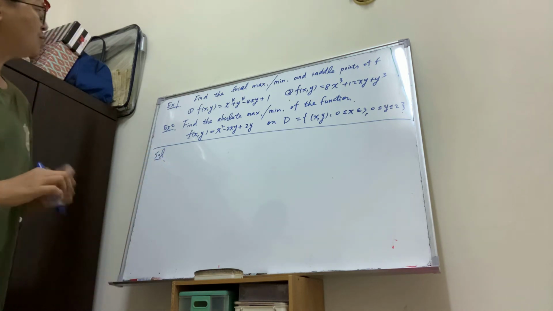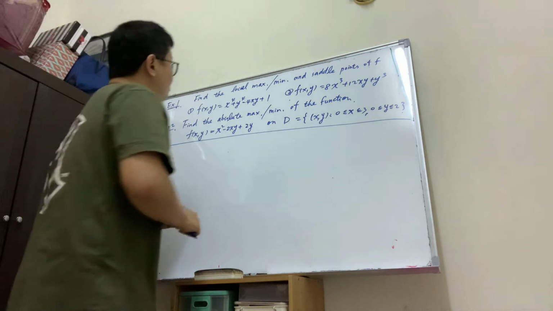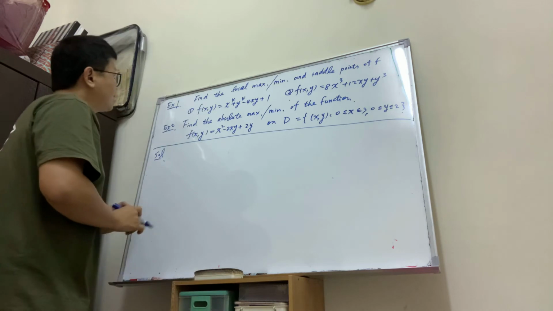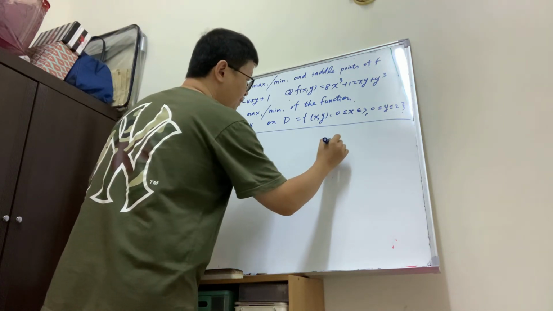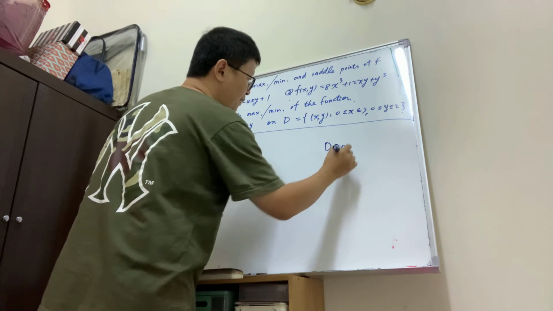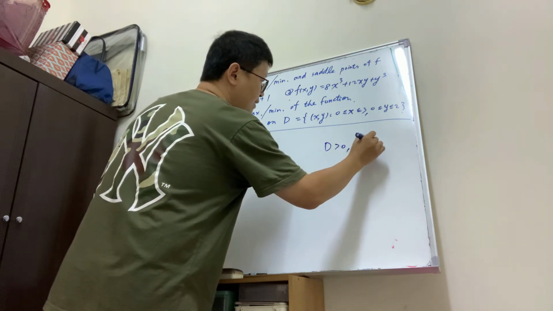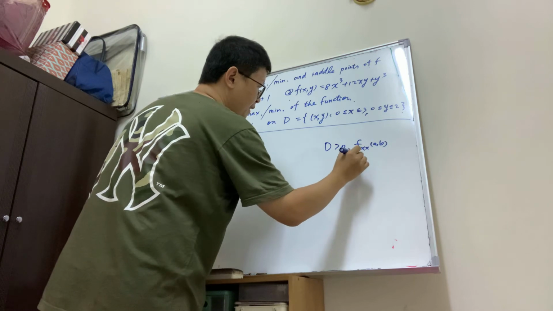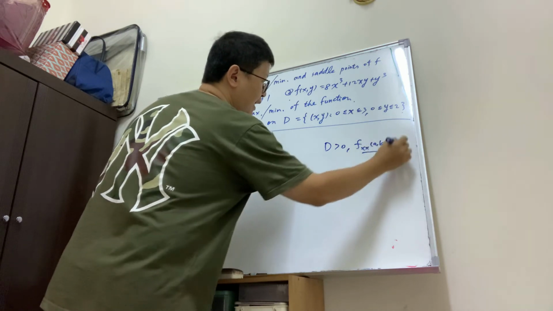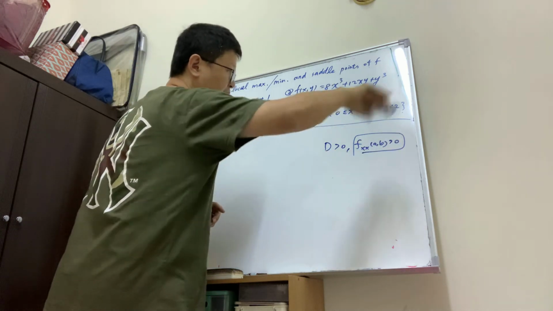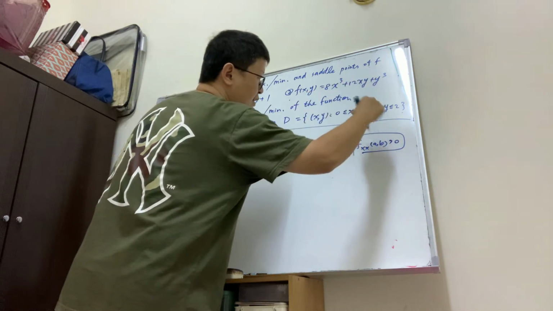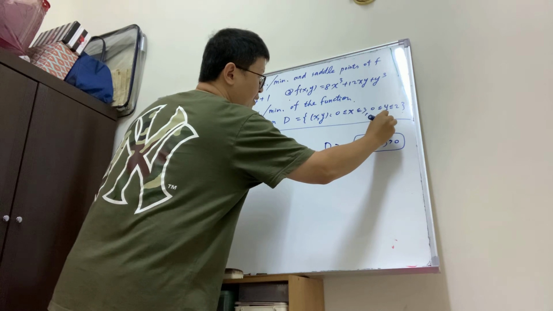So now we could use the second derivative test. For the second derivative test, we should have the determinant, and if the determinant is positive, then we have two cases. If the second partial derivative is positive, it's concave upward, so it's a local minimum.